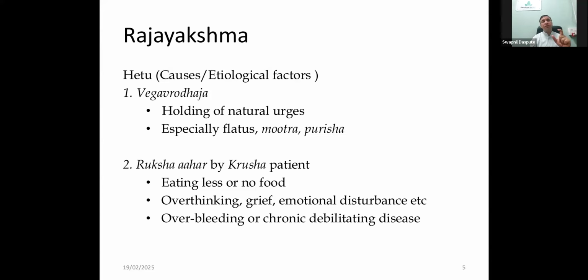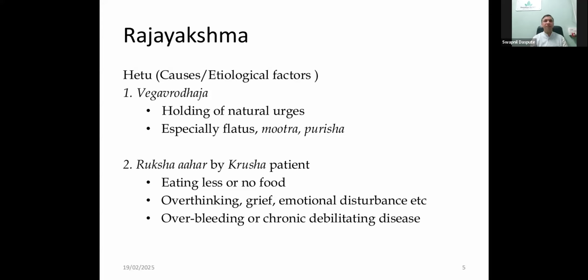Okay, so when there is a causative factor or hetu, exposure to that particular hetu once or twice will show symptoms, if at all it does, which will be temporary and of shorter duration. And when that particular exposure or hetu is reduced, the concern which the body has shown as a reaction will subside on its own or after some time.